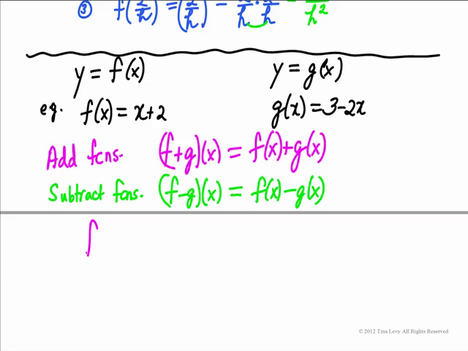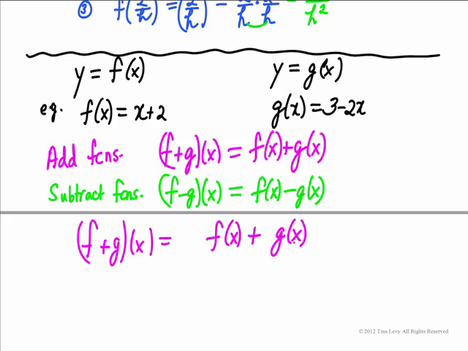To do f plus g, adding the two functions, we're really doing f of x plus g of x. Literally, what you do is you just put in f of x is x plus 2, and then you're going to put in what g of x is. g of x is just 3 minus 2x.